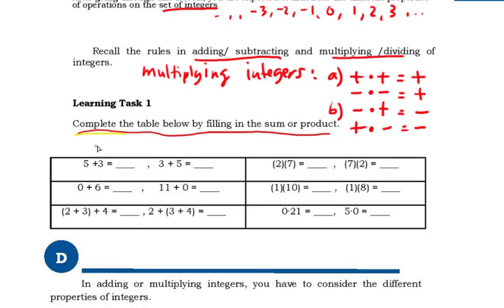Okay, so pag addition, i-plus po natin ito. So, example, 5 plus 3 is 8. And then 3 plus 5 is also 8. Halimbawa naman dito sa multiply, 1 times 10 is 10. And then 1 times 8 is 8. So, kaya na po sumagot doon sa iba.